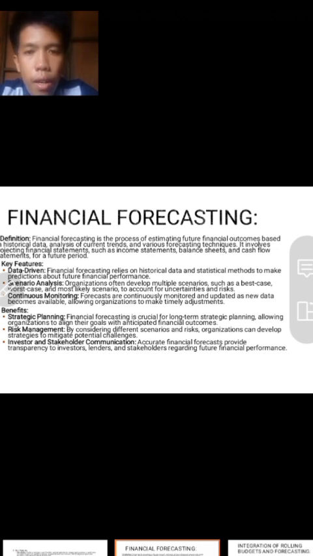So, ang scenario analysis is the process of forecasting the expected value of a performance indicator given a time period. Og ang scenario analysis, ang isa ka organization mag-develop og mga scenario to account for uncertainties and risks.